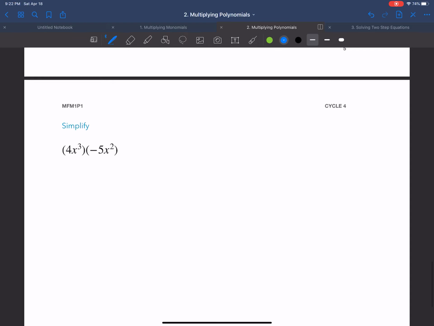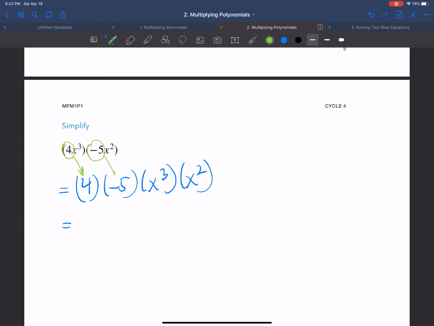Finally down here, let's write this out the long way so you understand what I'm saying when I say number times number. So 4 times -5 and x cubed times x squared. So I've separated, right? I have 4 there, the -5 there.